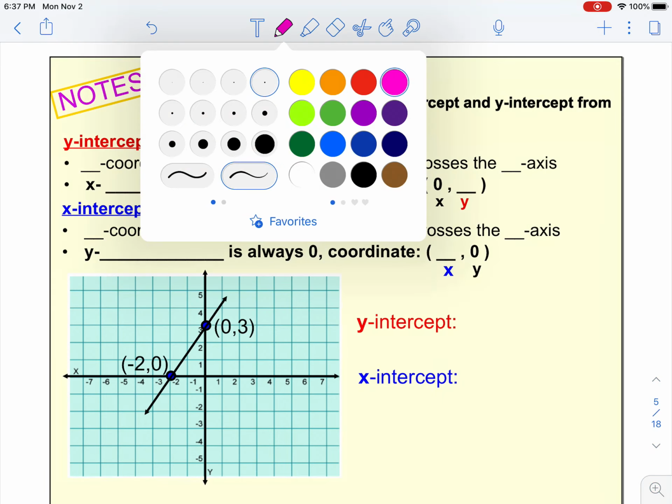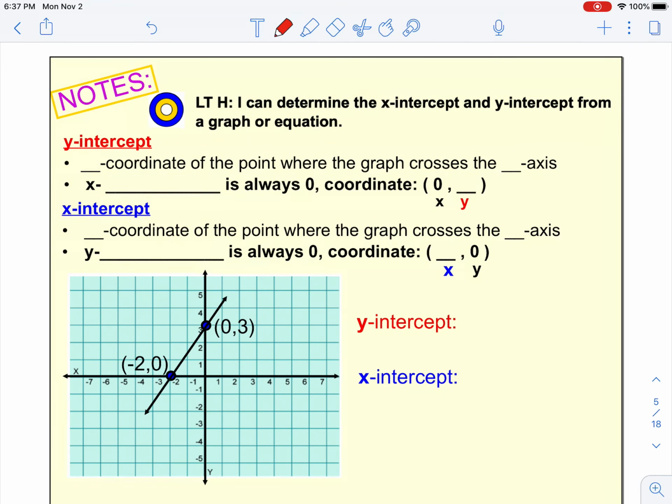Well, before we get to that, let's review what is the y-intercept and what does it mean? Well, the y-intercept is the y-coordinate of the point where the graph crosses the y-axis. And in the y-intercept, the x-coordinate is always 0. So the x part of the ordered pair is always 0. So when you look at the y-intercept, you're looking for the y value right here when your x is 0.